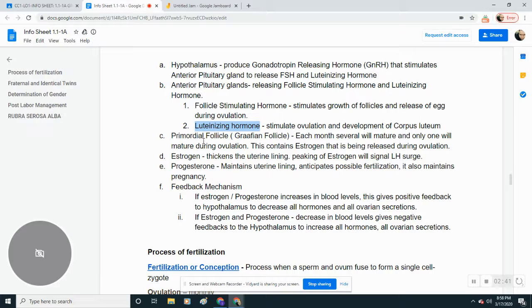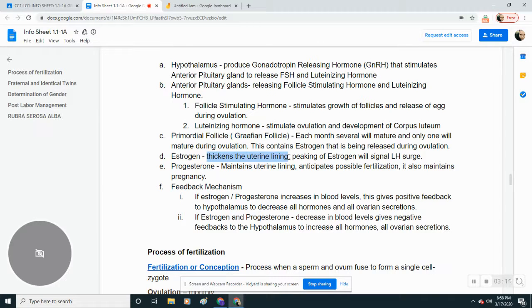So remember, your menstruation is normal. It's like an indicator that you are a female, right? I told you before, estrogen is a hormone that makes a woman a woman. Estrogen thickens the uterine lining, or your endometrium.